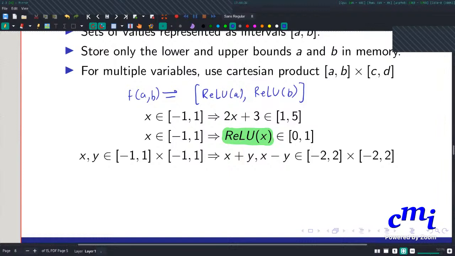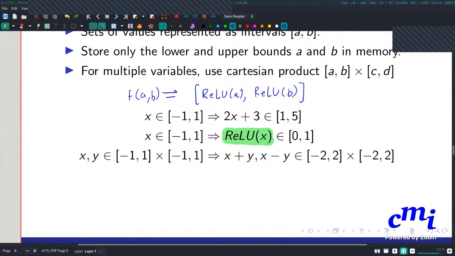Yeah, no point in [0, 1] does not have a pre-image in [-1, 1]. That point doesn't exist. So there's no point in [0, 1] which does not have a pre-image in [-1, 1], right? It's just f(x) = x for the positive part, so that's exactly the same thing.